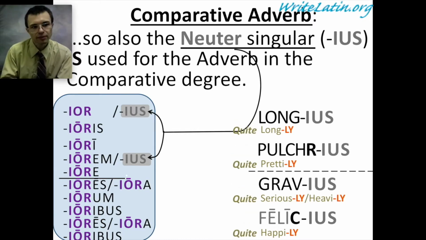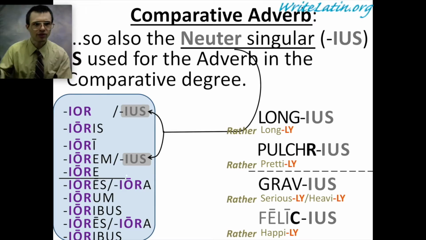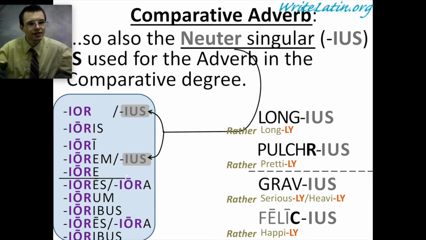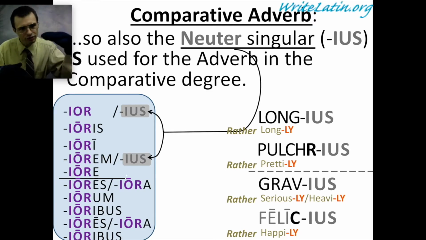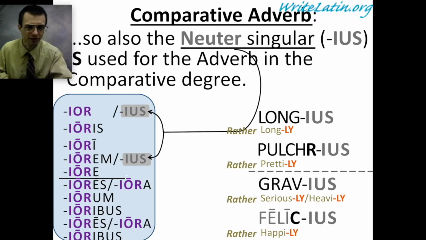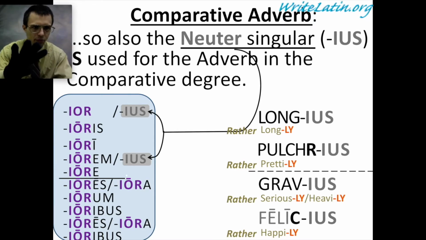Or we sometimes run into translations that use quite blankly or even rather blankly. Now, you would say, hey, but is that a comparative? Yeah. If you say something is quite blankly, it implies that it's a degree higher than the base level. Or rather blankly, it's a degree higher than the base positive level.